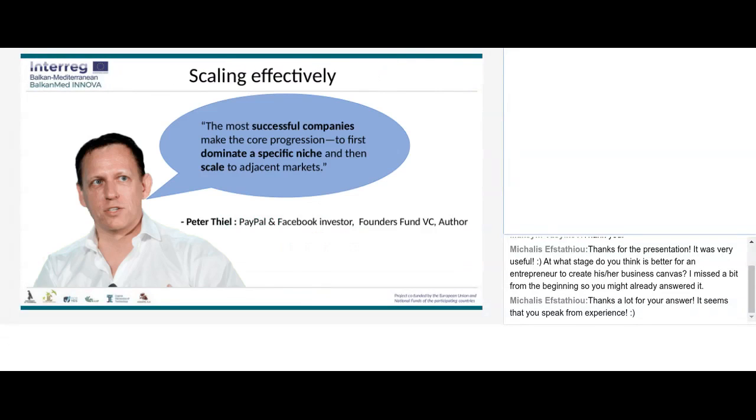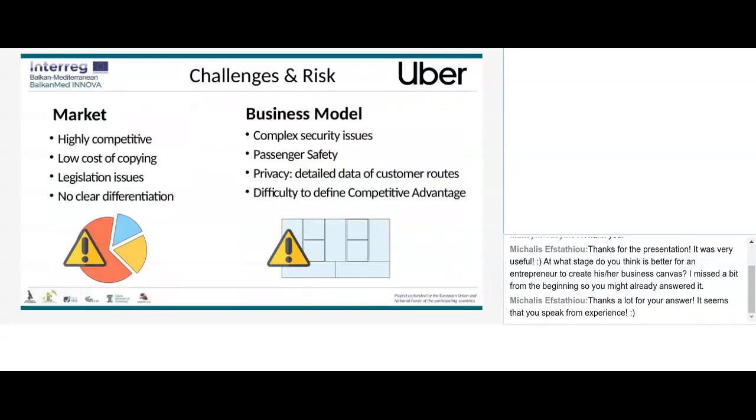So that's it for Uber. I also wanted to present to you some challenges and risks that the specific market and business model of Uber has. The market is highly competitive. It has a low cost of copying. I'm sure that you've seen many local alternatives to Uber in your market, such as Lyft and many others.